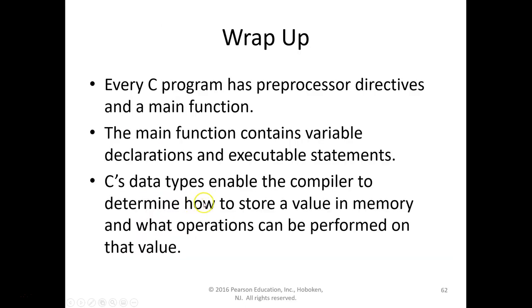Okay, and to wrap up: every C program has a preprocessor directive and a main function. The main function contains variable declarations and executable statements. C's data types enable the compiler to determine how to store a value in memory, so whether it's an integer, a character, or a double, and it also determines what operators can be performed on that value.